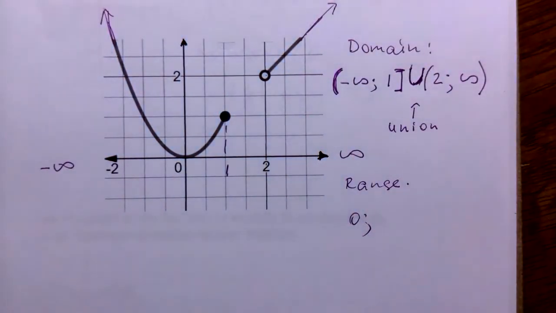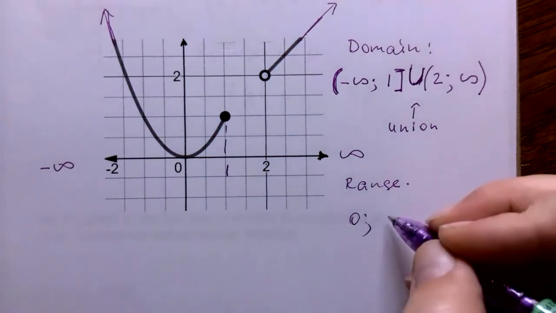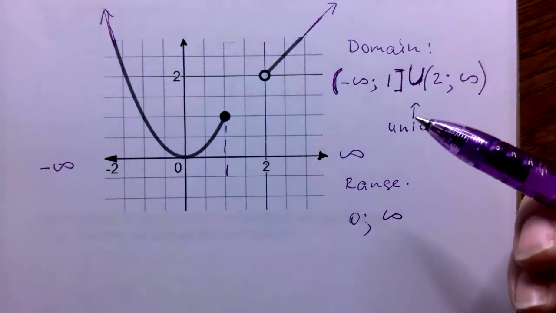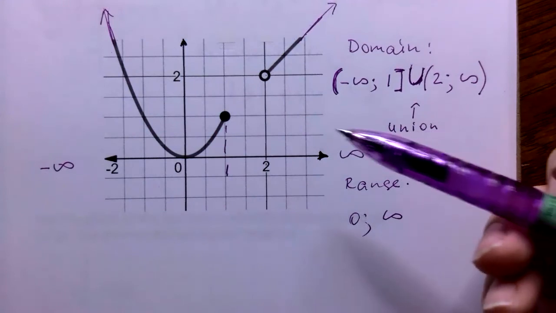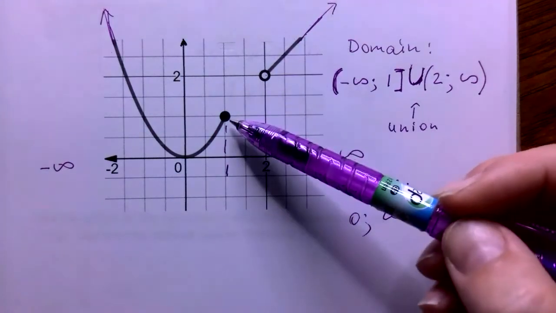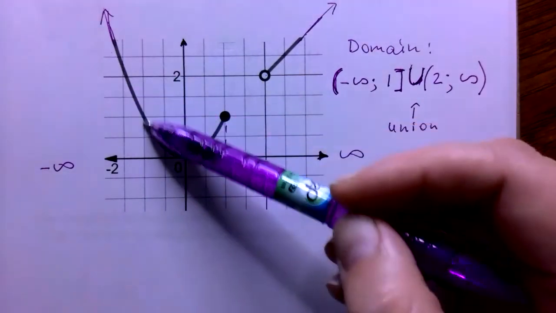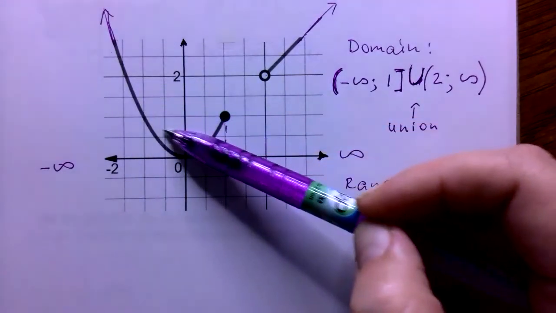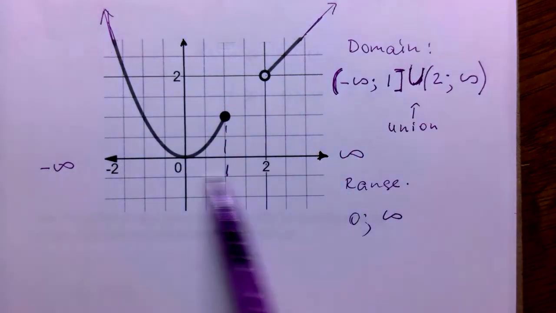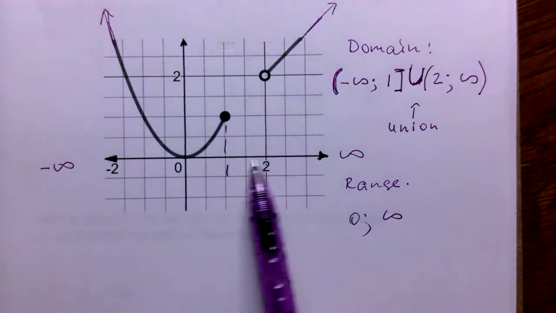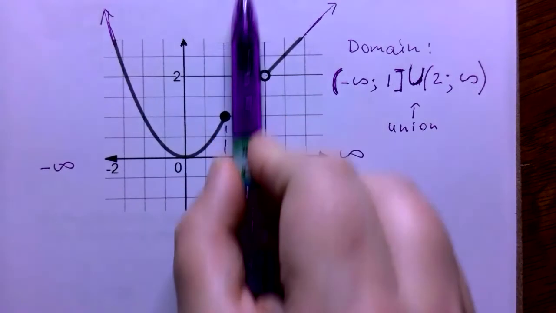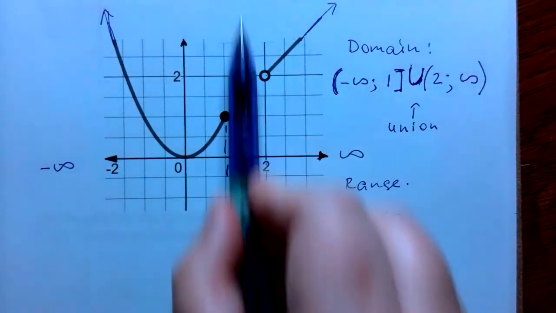Now the question is, does it interrupt? Are there any gaps? And the answer is no, there are no gaps in the range, because here's the gap, right? But it is covered on the other side. The function still exists here. If you look at the x values, there is nothing between 1 and 2. There is no function, right?